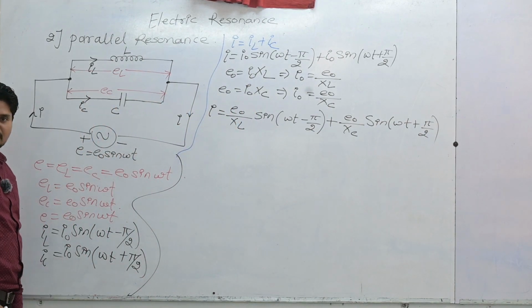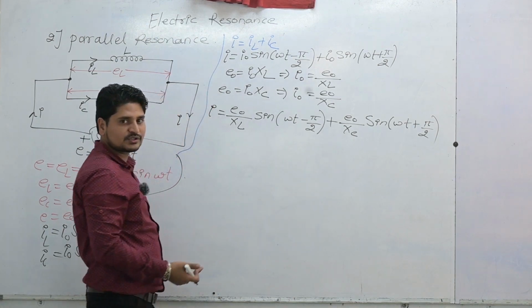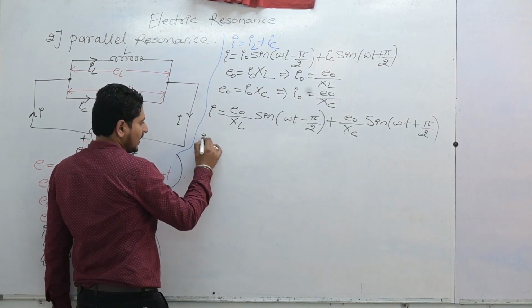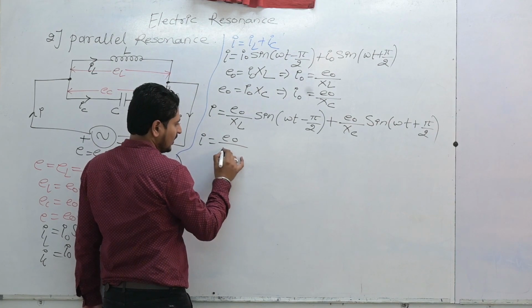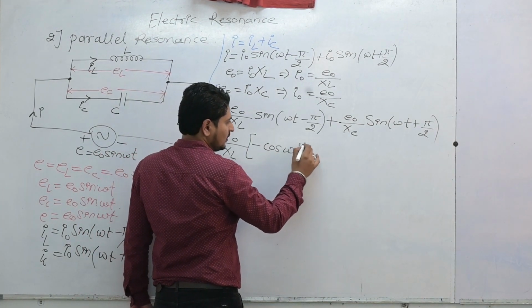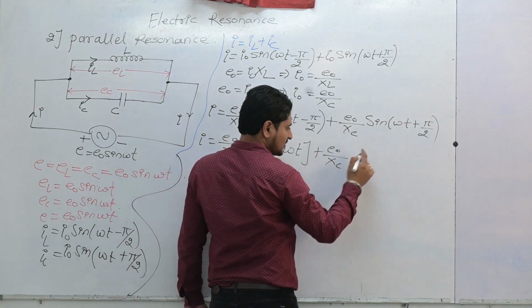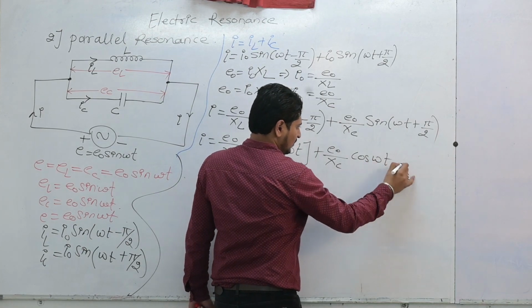So we are using trigonometric formulas. It's very simple. Sine omega t minus pi by 2 is minus cos omega t. So I is equal to E naught divided by XL times minus cos omega t, plus E naught divided by XC, and sine omega t plus pi by 2 is replaced by cos omega t.